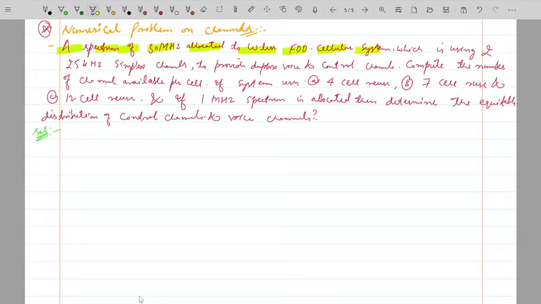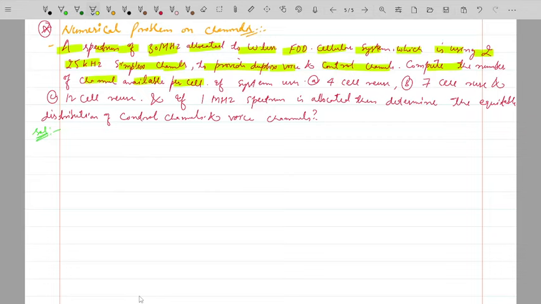So here the total spectrum given is 30 megahertz, which uses two 25 kilohertz simplex channels to provide the duplex voice channels and control channels. Here we need to find out the number of channels that are available per cell.